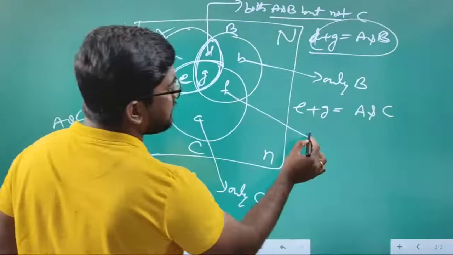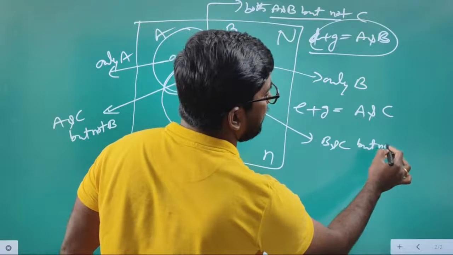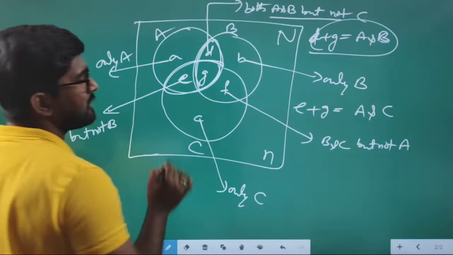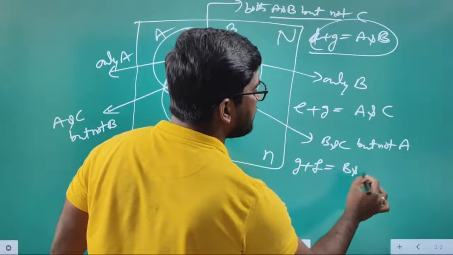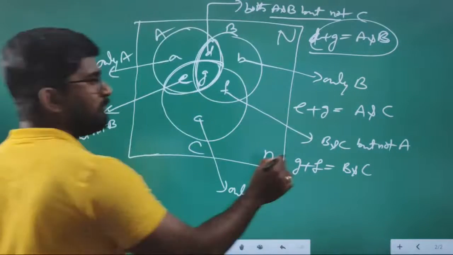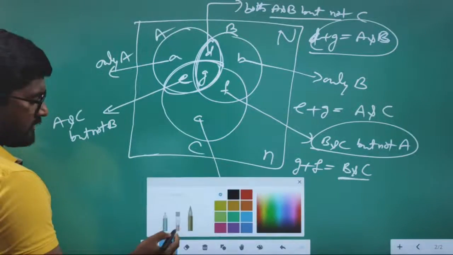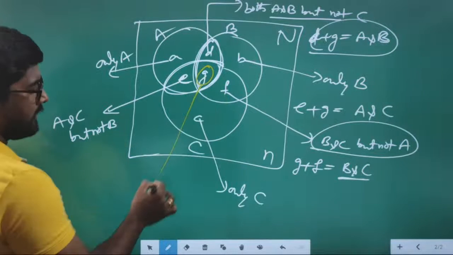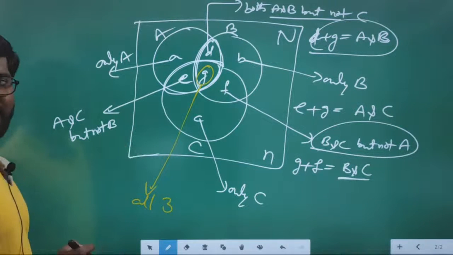This f represents B and C but not A, whereas g plus f represents B and C. So there is a lot of difference between B and C but not A, and simply B and C. Whereas this g represents all three. g represents those who are there in all three events. Okay.